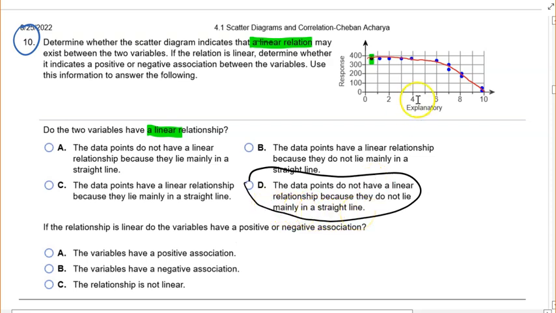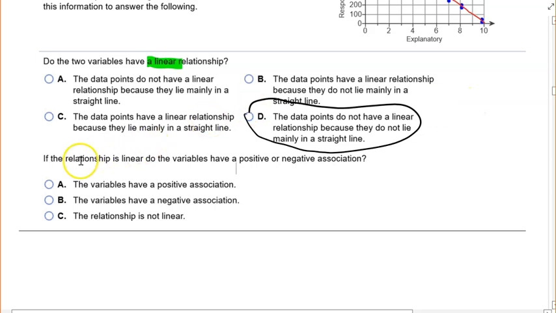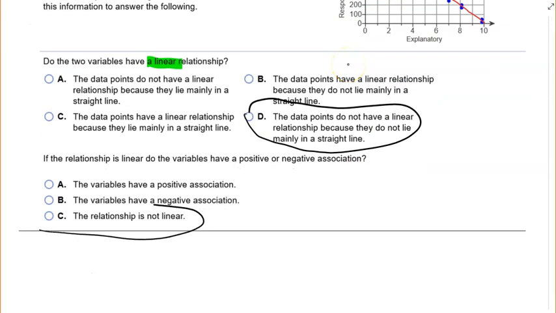Another type of relationship may exist between the two variables, but not linear, because these data points or dots are not on the line. And if the relationship is linear, do the variables have a positive or negative relationship? Of course, there is no linear, I should say, the relationship is not linear. Okay.